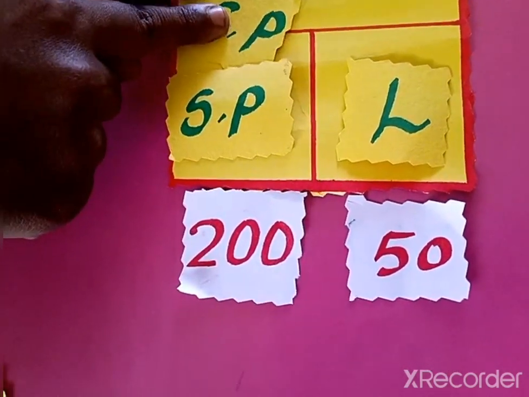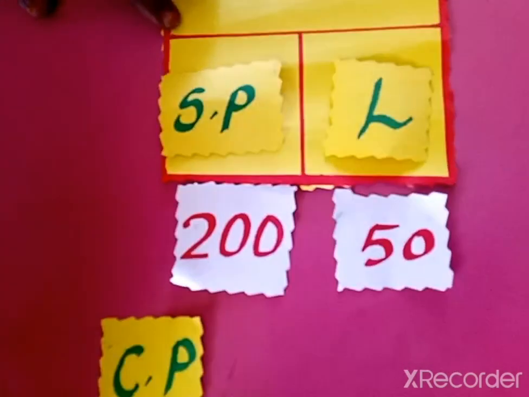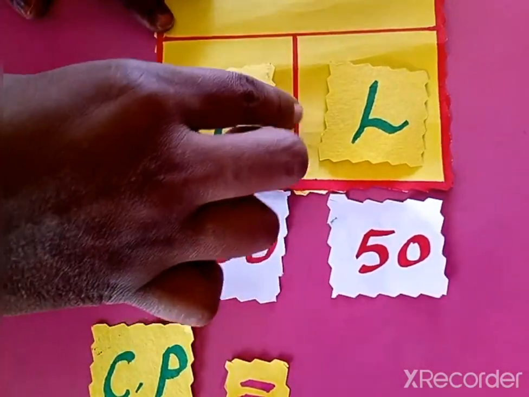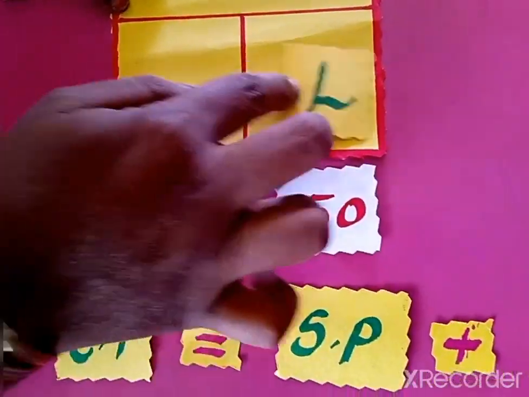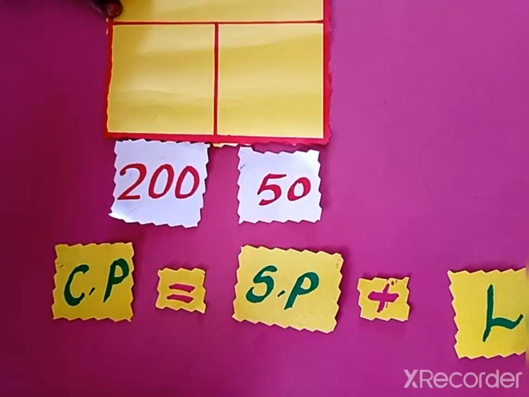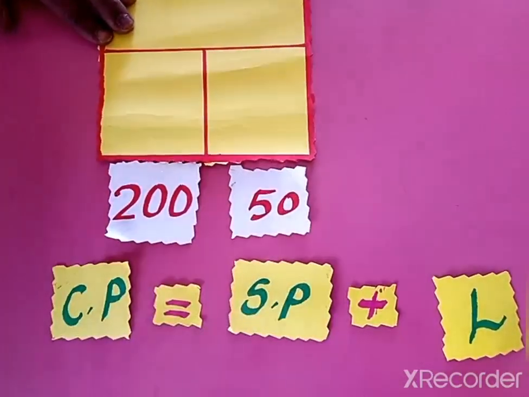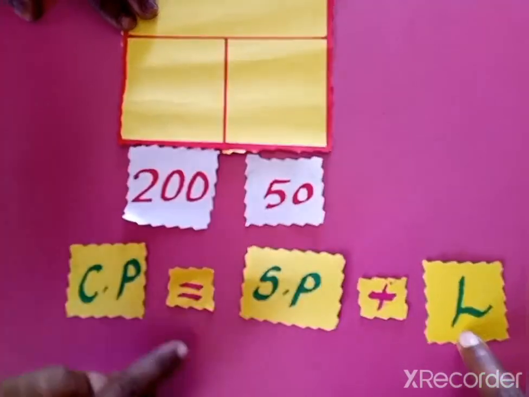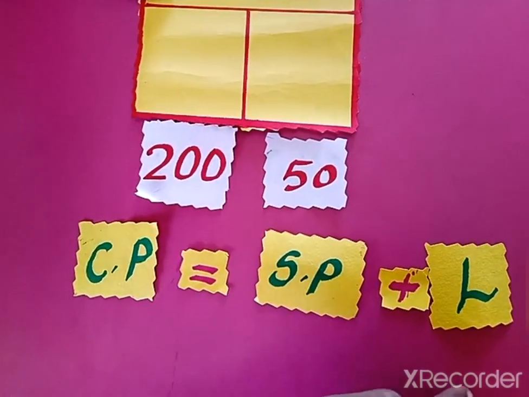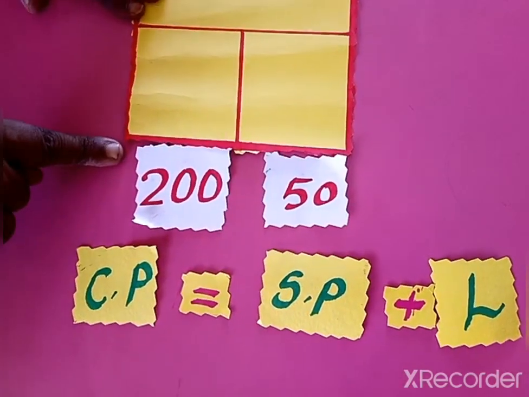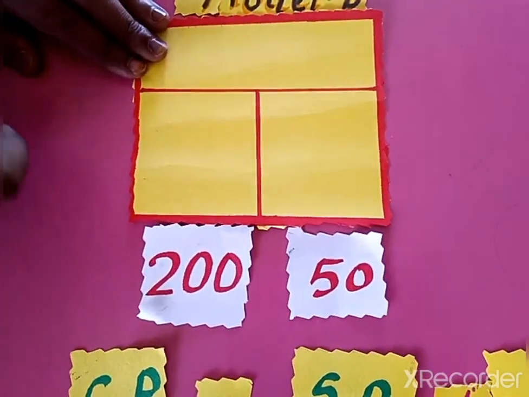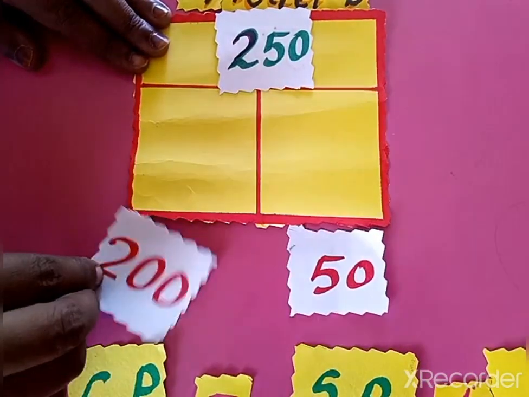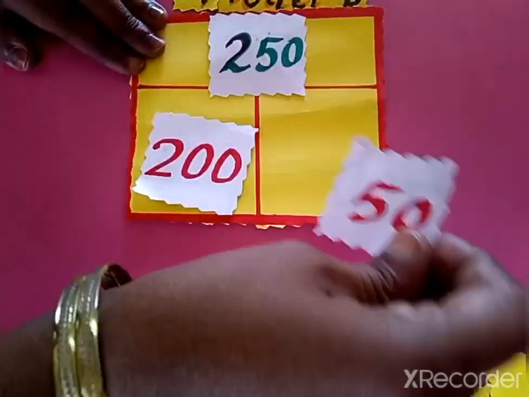When it is loss, cost price is equal to selling price plus the loss amount. So we created the formula. Here, if you add 200 plus 50, what do I get? 250. So this is my cost price.